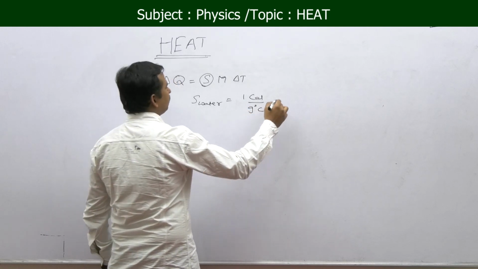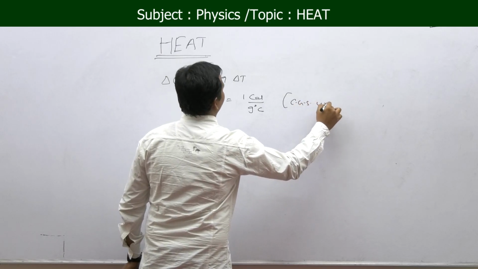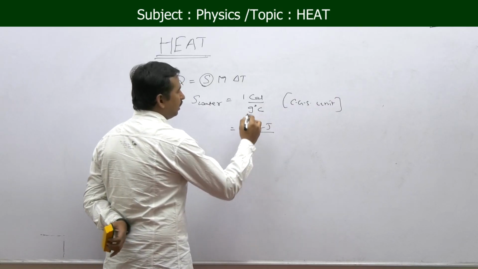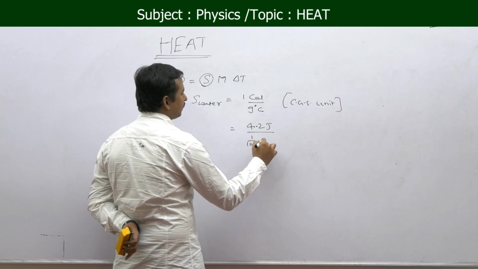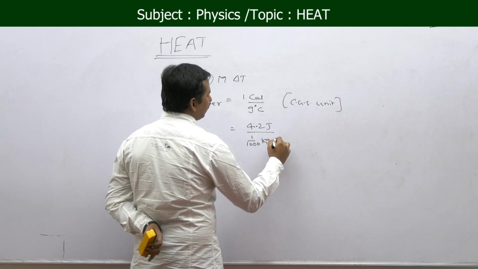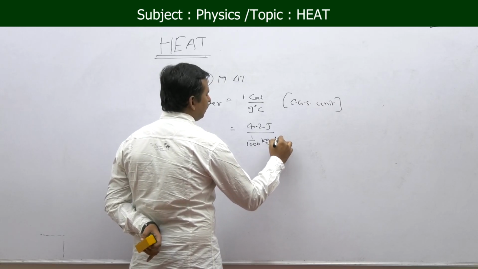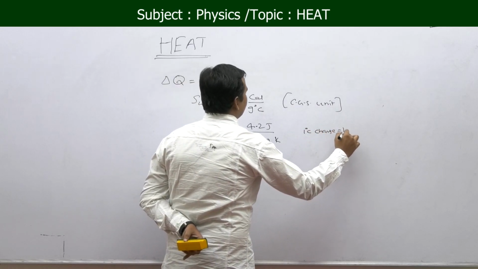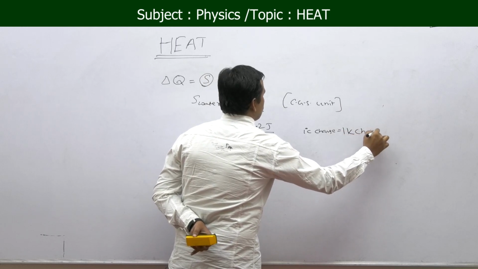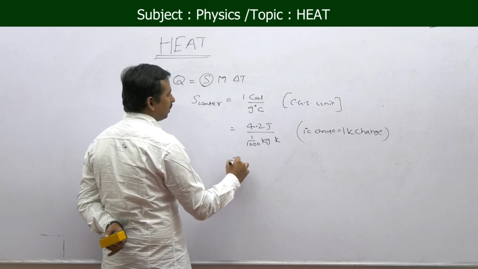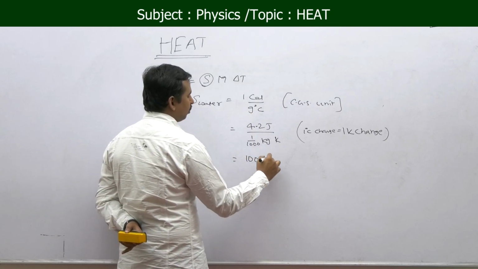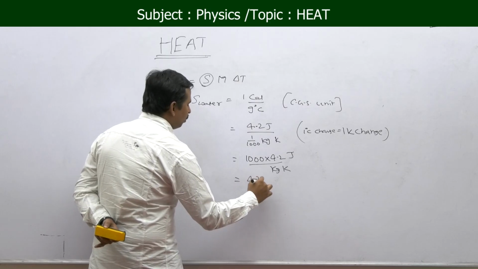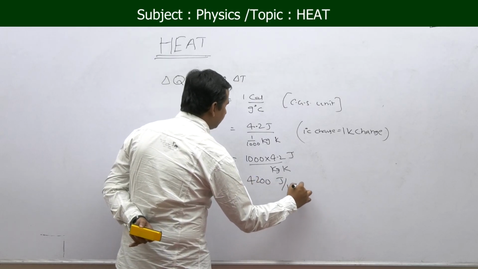Actually this is the CGS system. If you convert that, taking 1 calorie as approximately 4.2 joules, and 1 gram as 1 by 1000 kg, and 1 degree Celsius change as equal to 1 Kelvin change, then the 1000 coming to the numerator becomes 1000 into 4.2 joules per kg Kelvin, which is equal to 4200 joule per kg Kelvin.